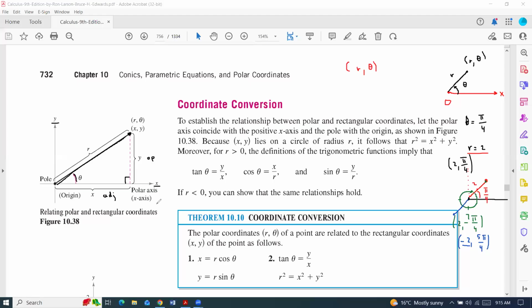So if you divide opposite over adjacent, that's the definition of tangent. If you have a right triangle, 90-degree angle, and that's exactly y over x.